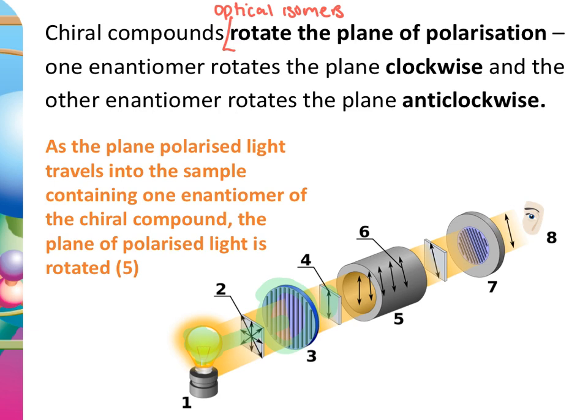Then we've got our sample in this vessel, for want of a better word. And what we can vaguely see in this image is that the plane is being rotated. In this instance, it's being rotated in an anti-clockwise direction.